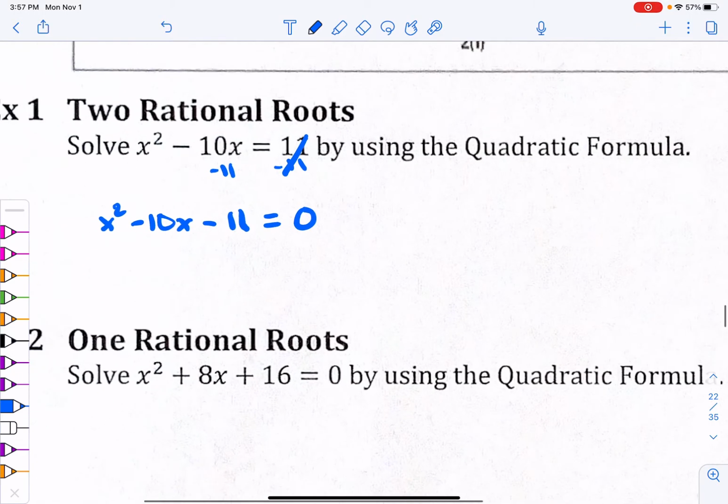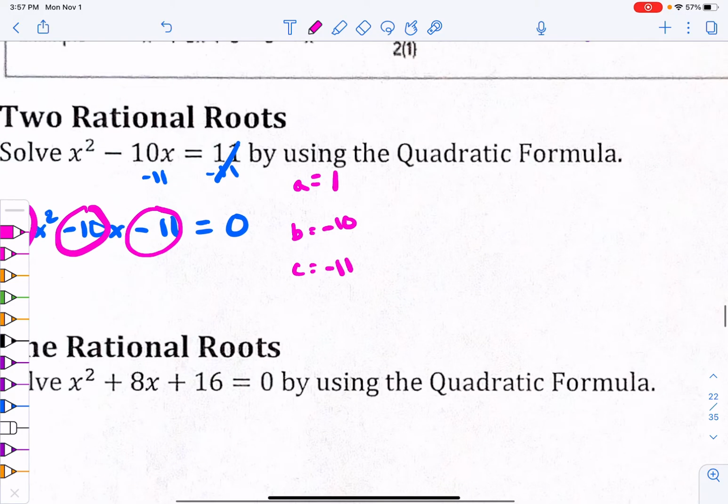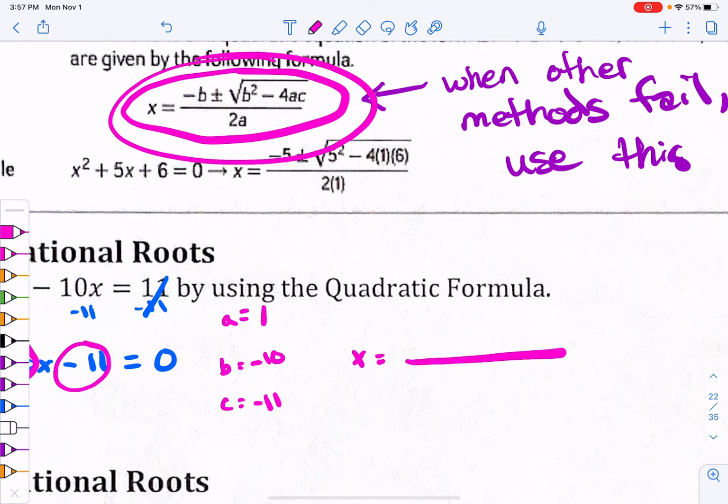And then all we do is identify what a, b, and c are based upon our function. Okay, so a is the number that's in front of this, which since there's no number, we assume that it is 1. B is negative 10. C is negative 11. Okay, and then we just plop into our formula. So I'm going to kind of zoom out here so we can see this. We have x equals, okay, we start with negative b, and b is negative 10.